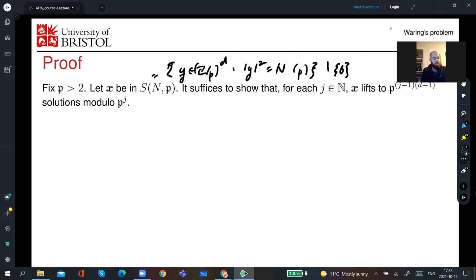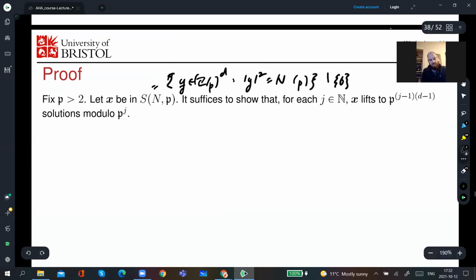By taking a representative in that, all I need to do is show that it lifts to a bunch of representatives modulo p to the j. In fact, this many representatives. Once I do that, I just sum over all the possible x inside S_n of p, and that just counts them.